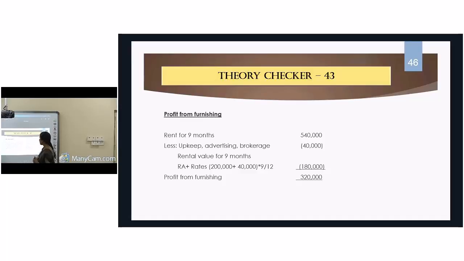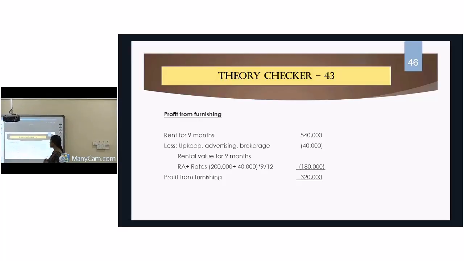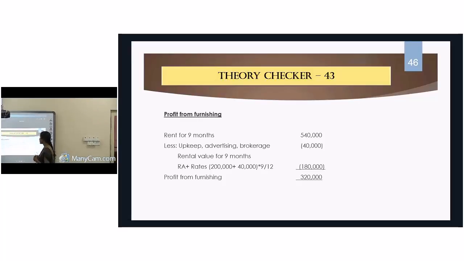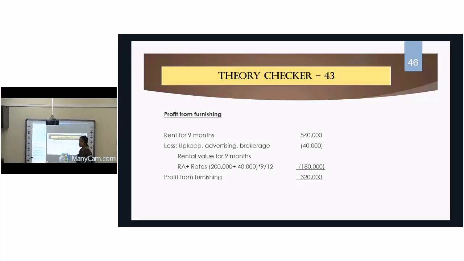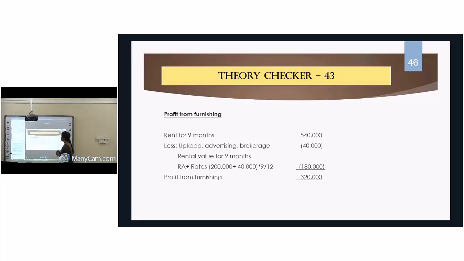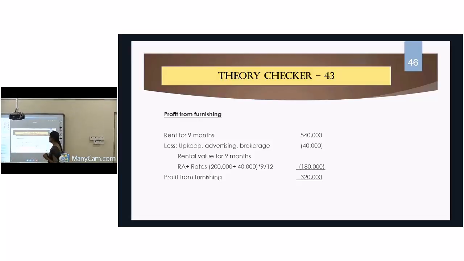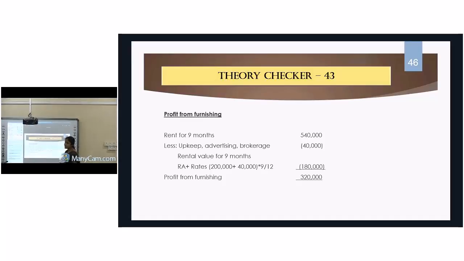I mentioned that you can either add the rental value for the unoccupied period or ignore it; in this case I have used the second method. So straight away you can claim upkeeping, advertising and brokerage of 40,000, and from that you can deduct the rental value for 9 months, because it was rented out for 9 months.